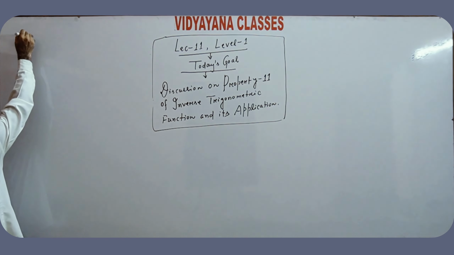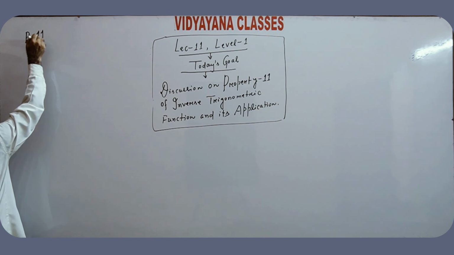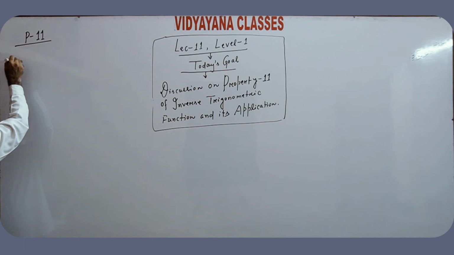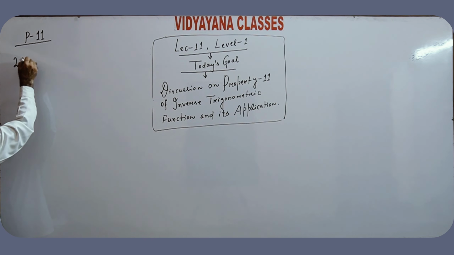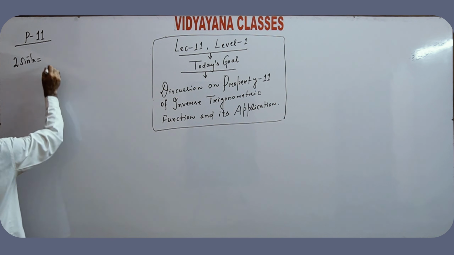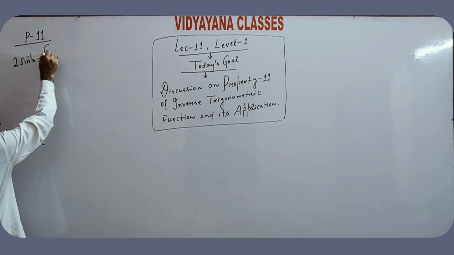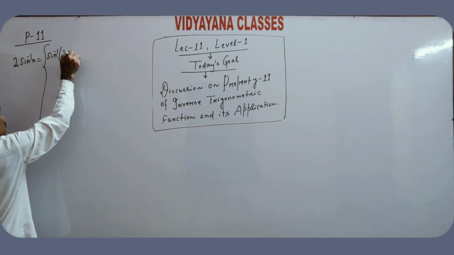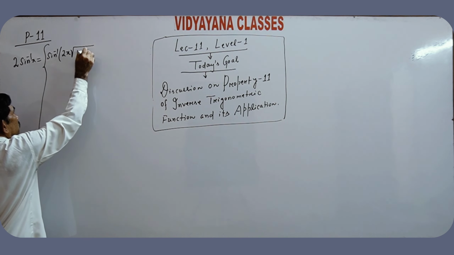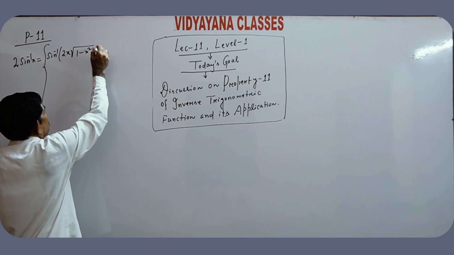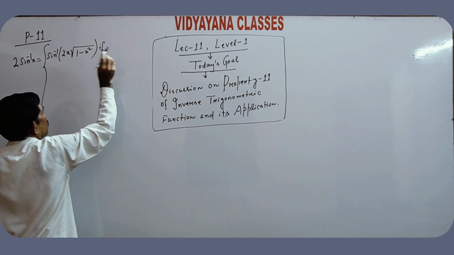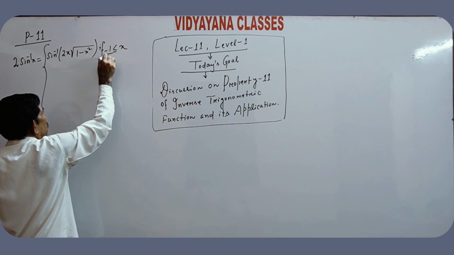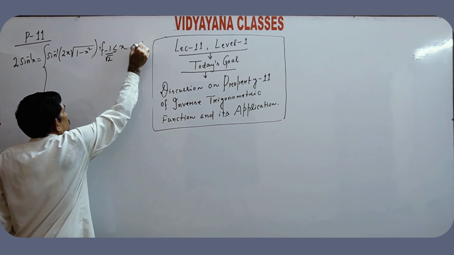Property number 11. 2 sin inverse x is equal to sin inverse 2x into root of 1 minus x square if x is greater than or equal to minus 1 by root 2 and less than or equal to 1 by root 2.